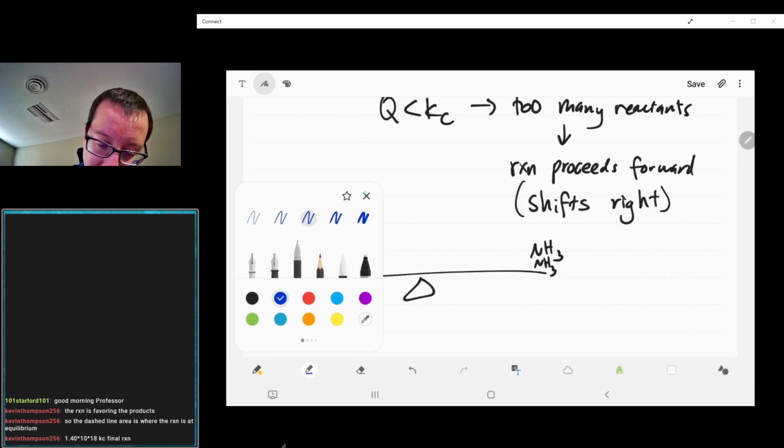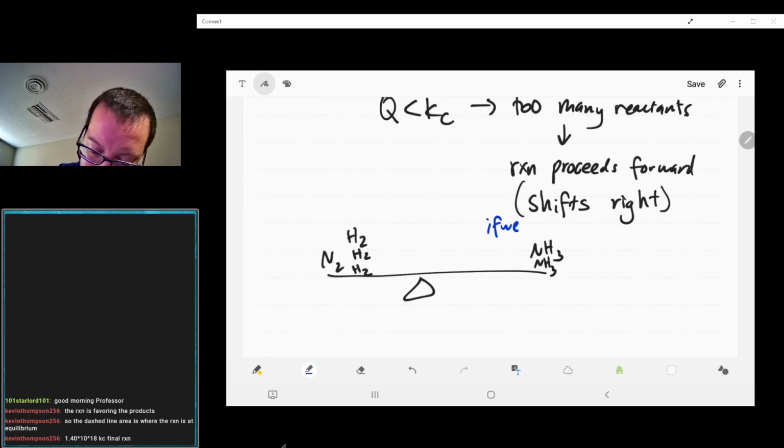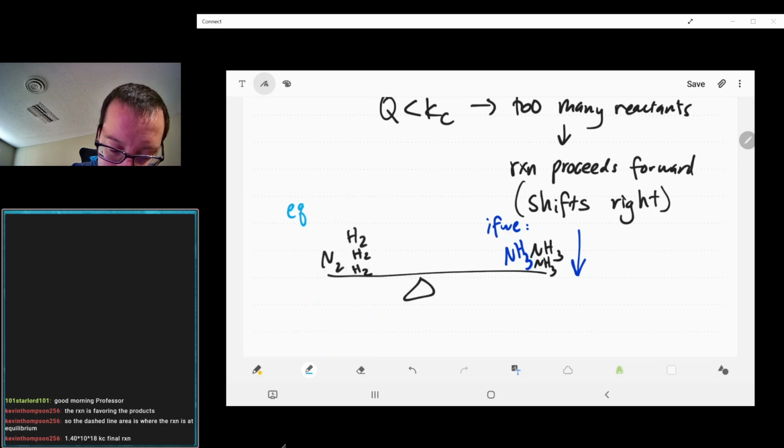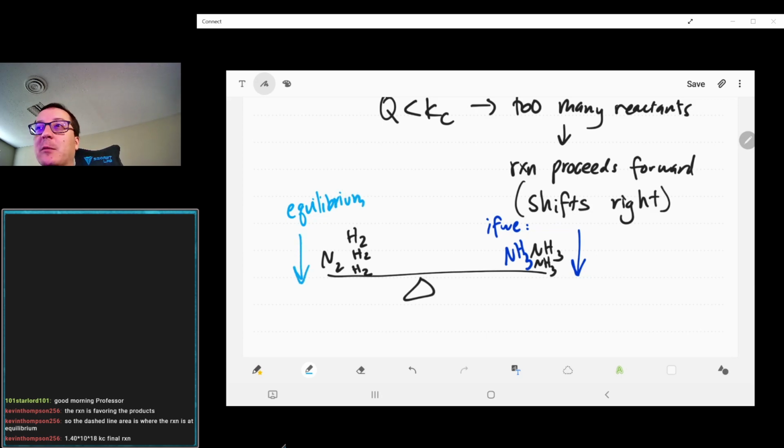So if we give it another ammonia, that's going to push our reaction too heavily towards the products. As a result, the equilibrium is instead going to push the other direction by forcing us to have more reactants. So it's going to take that and break it down back into reactants, for example.